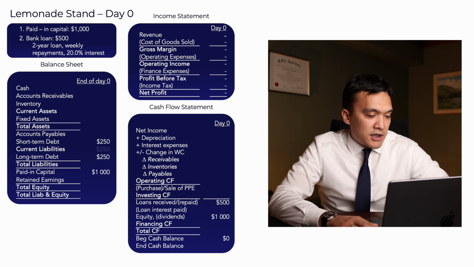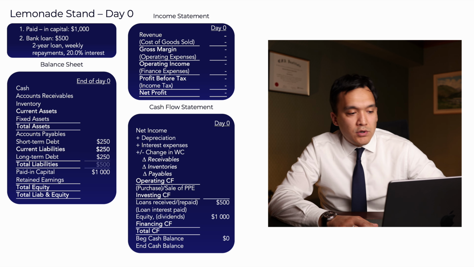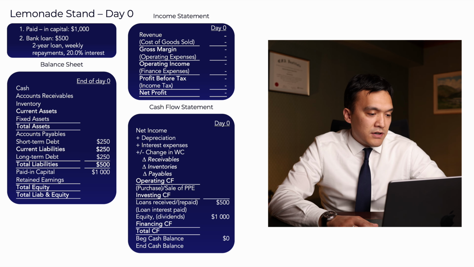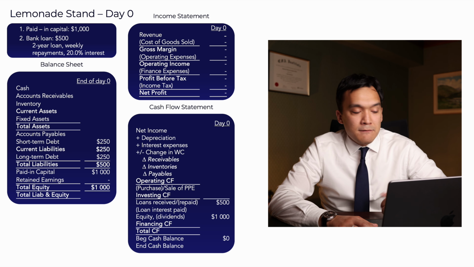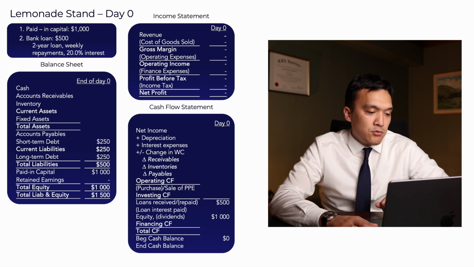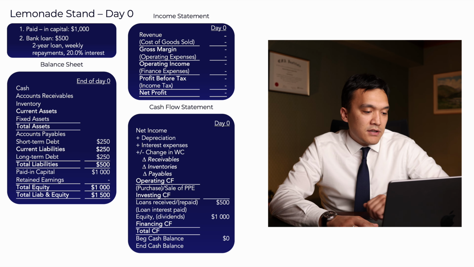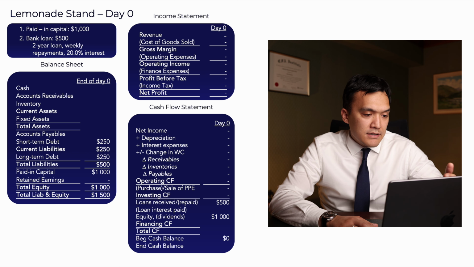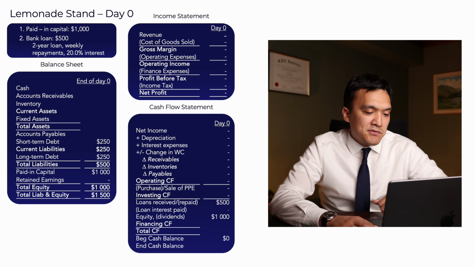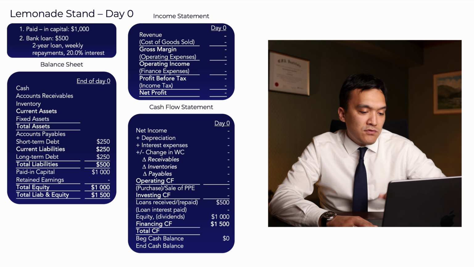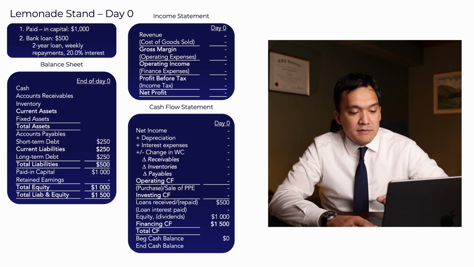And we have current liabilities of $250, we have total liabilities of $500, and we have total equity of $1,000. So our total liabilities and equity is $1,500. As you can see in the cash flow statement, we don't have any operating cash flows and investing cash flows yet, so our total cash flow is $1,500.